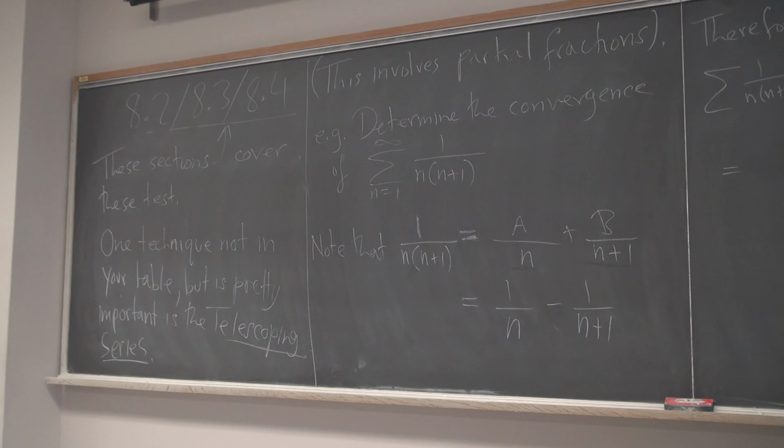That's the first term. What does the second term look like? A half minus a third. What's the third term look like? A third minus a fourth. Fourth term? Do you guys see the pattern?